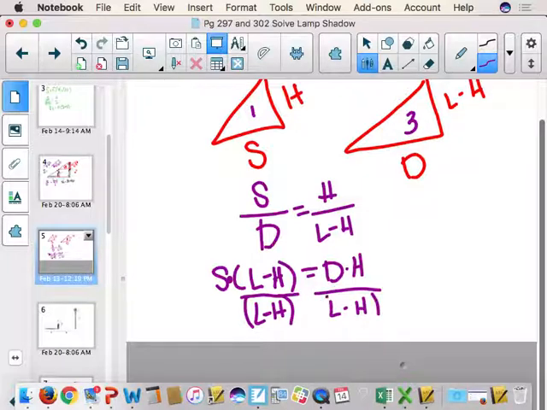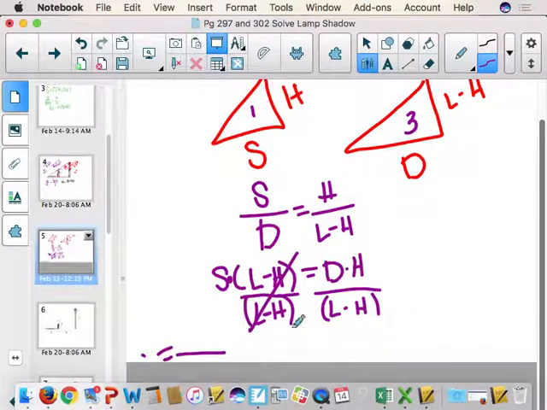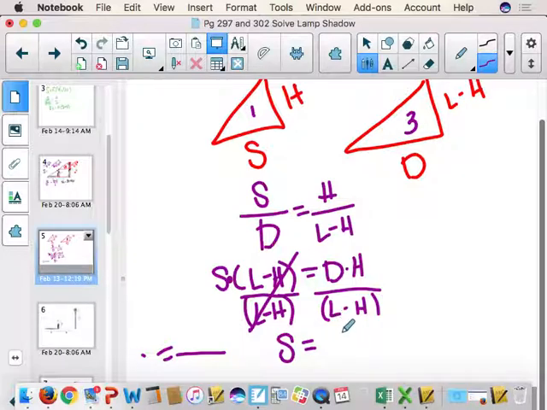If I cancel that out, because L minus something over itself reduces to 1, I would be left with S by itself on the left side. Shadow length is going to equal distance from light times height of object divided by height of light minus the height of the object.